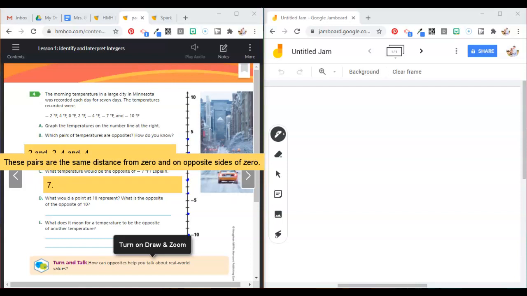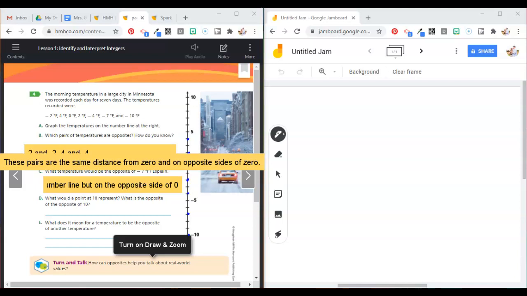Okay, because 7 is 7 units from 0 on the number line, but on the opposite side of 0.